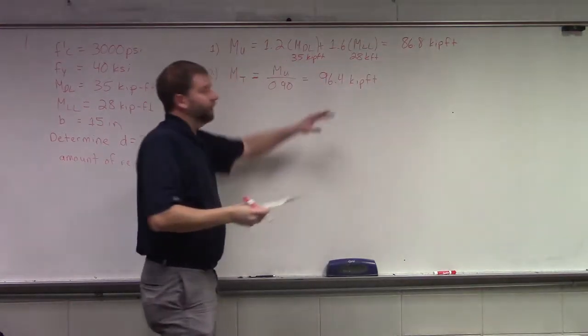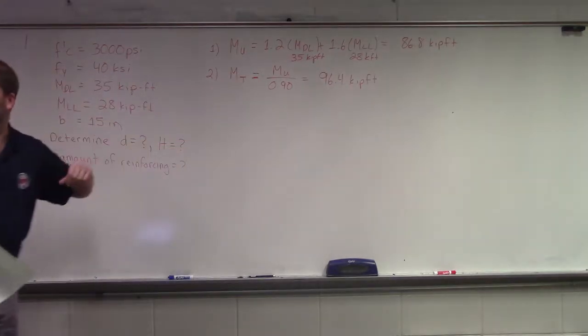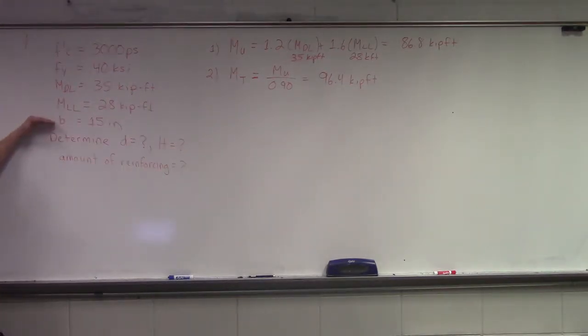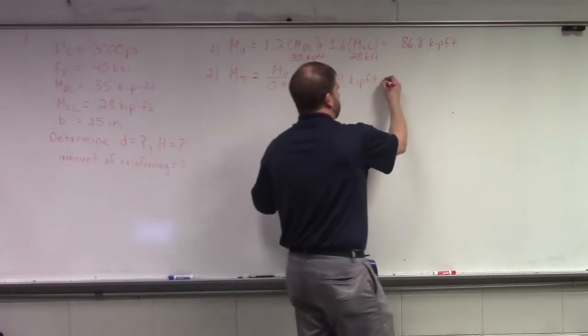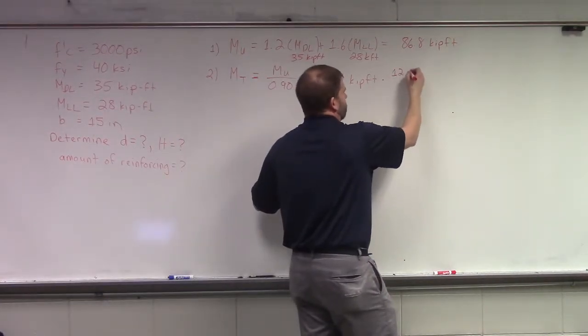And then remember, here we're in kip feet. Our width is in inches, and we're probably going to be working in inches for our depth. So usually this is a good point to change your units.